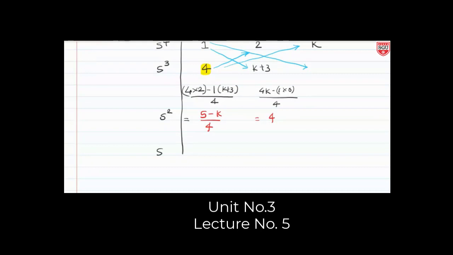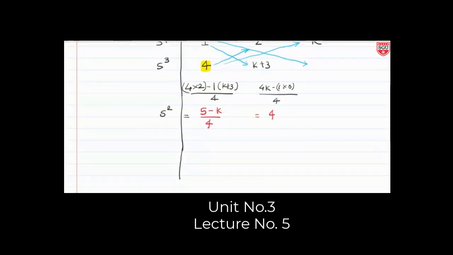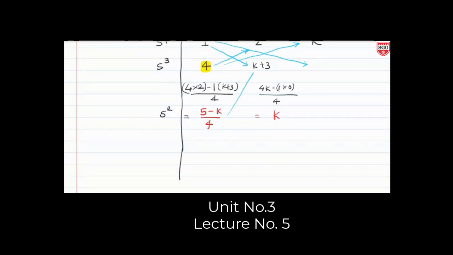Then I want s raised to 1. So for that, what will be the multiplication? It will be k. 4 and 4 will get cancelled and k will remain. Now this multiplied by this, minus this multiplied by this, so it will be a little bit complicated.